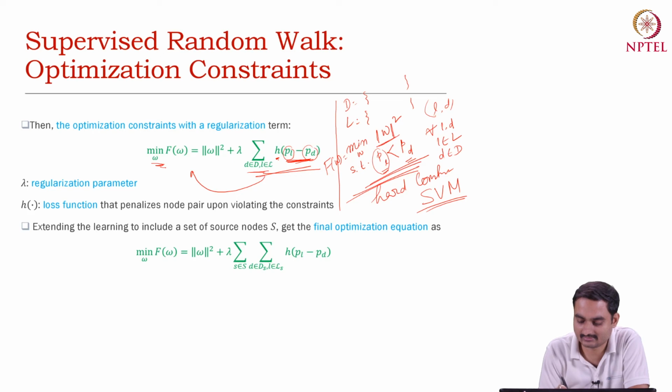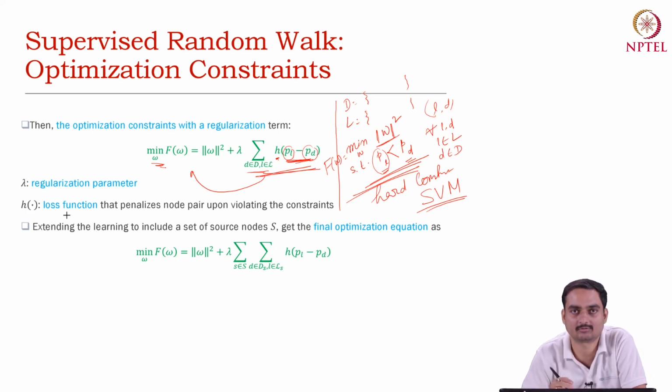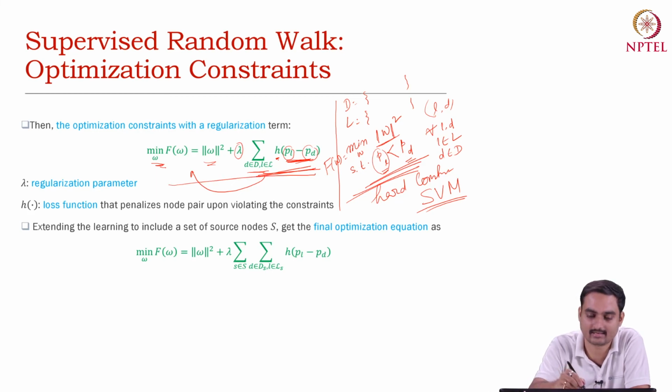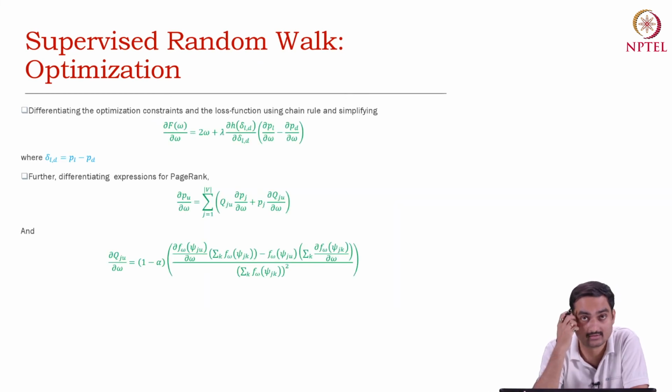Okay. So this is a loss function, and we will discuss what kind of loss function they have used in their paper. And lambda is a regularizer, which basically gives a weight between this part and this part. Okay. So now how to solve it? It's a standard optimization function, although it is not convex, but you can still use gradient descent to get the values.